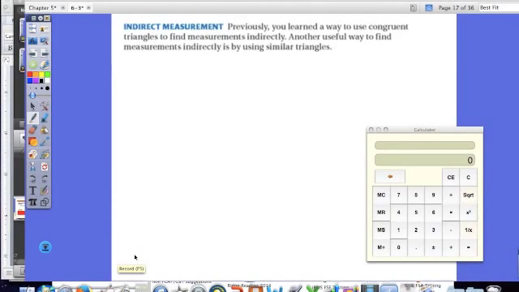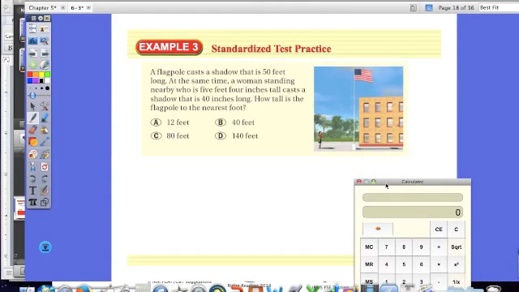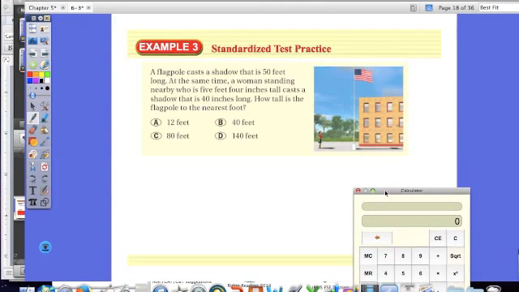Okay, now we're going to apply some of what we've learned in what's called indirect measurement. And where you're going to use measurements of buildings and different things using similar triangles. So this is an example of how this would work. This is a standardized test practice, where basically we have a flagpole that's casting a shadow that is 50 feet long.